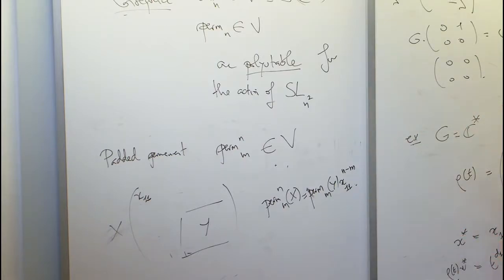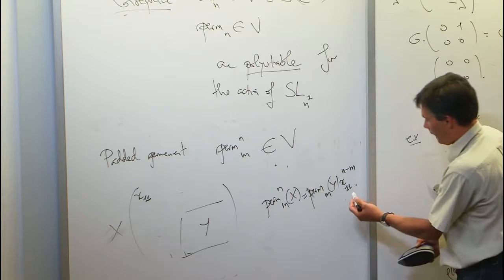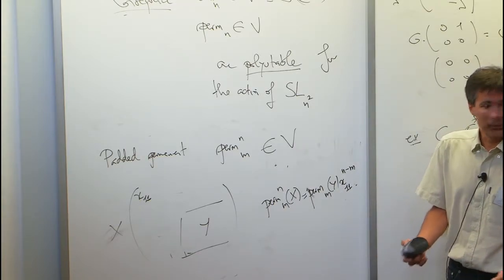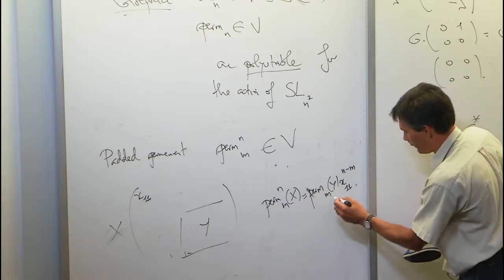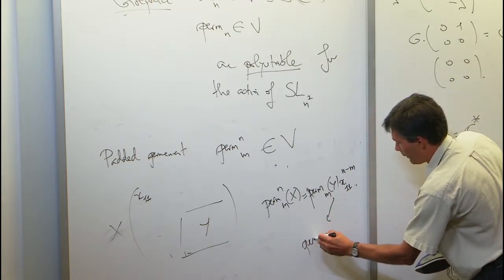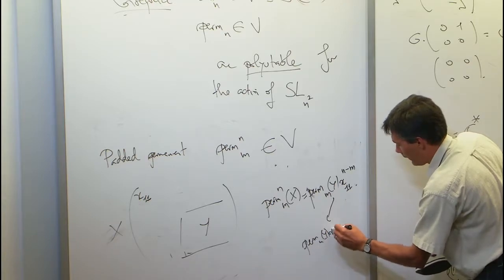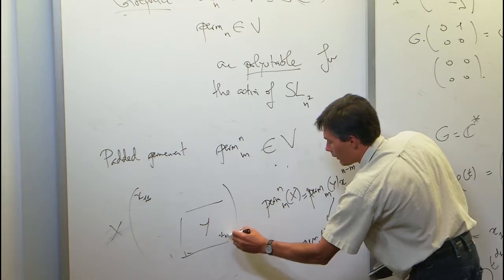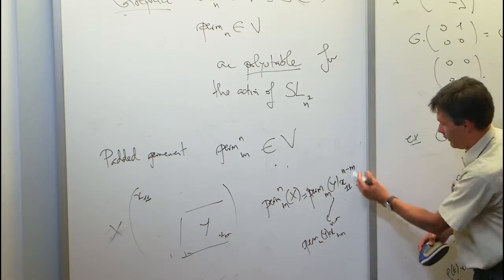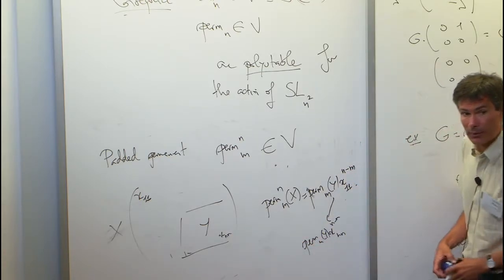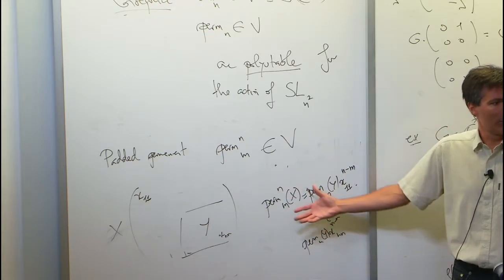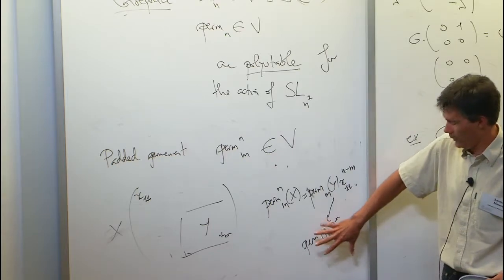This one is obviously not polystable, because x11 and Y are independent sets of variables, but you can get some degeneration to perm of Y times, let's say, xnn to the n minus m. So you can take a degeneration of x11 to this one. And obviously this is not in the orbit. This is in the orbit closure but not in the orbit, because this is a polynomial in one less variable.